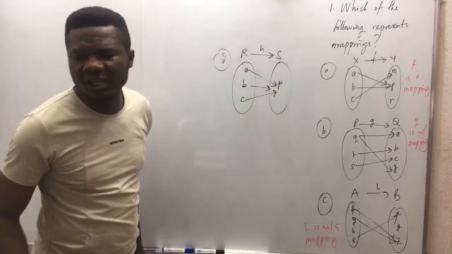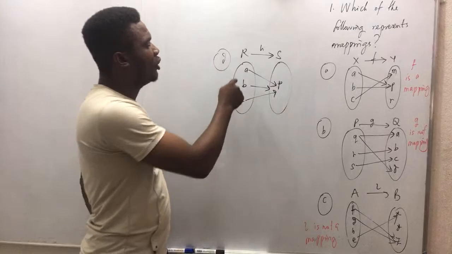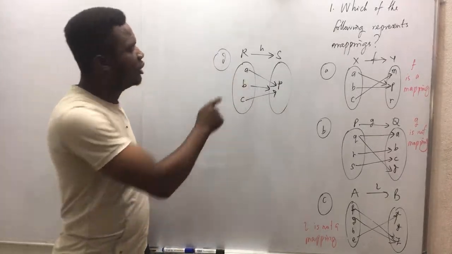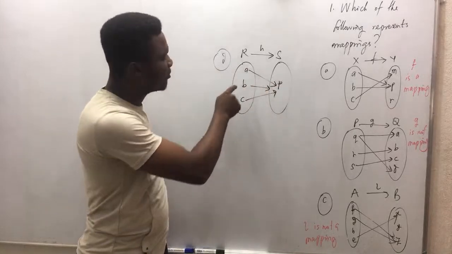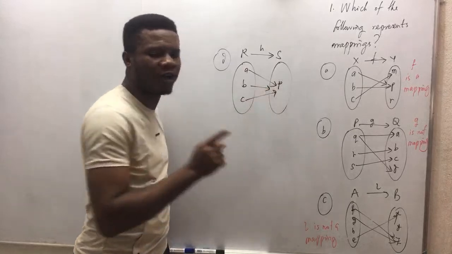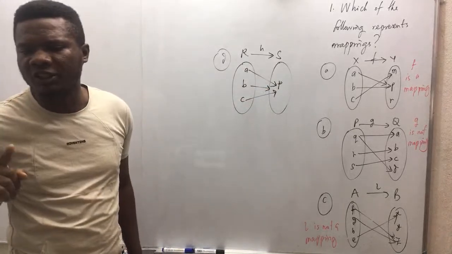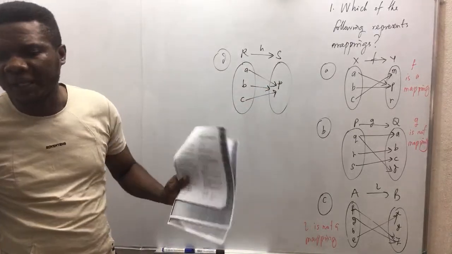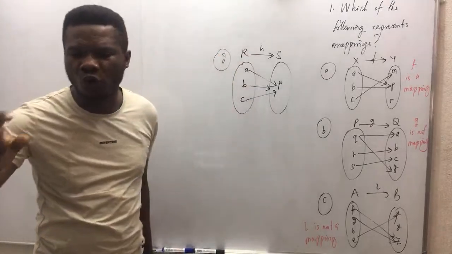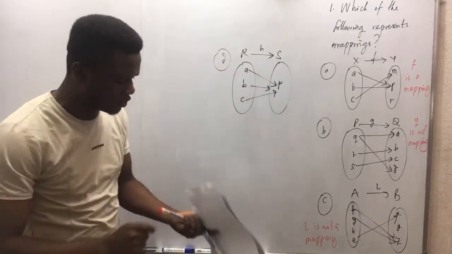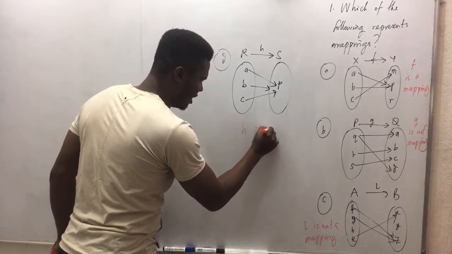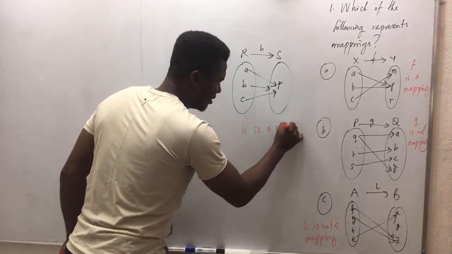Why is the image unique? It is because no element in this domain has more than one image. A has one image P, B has one image P, C has one image P. All of them have one image, P. So it means that H, since it fulfills the two conditions, is a mapping. So what do we conclude? We are going to say H is a mapping.